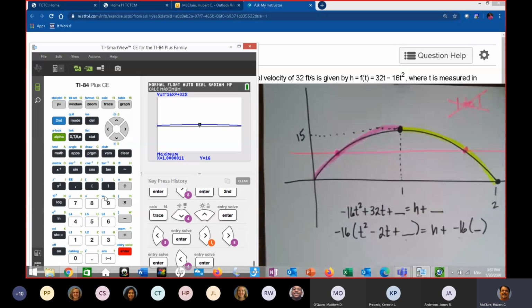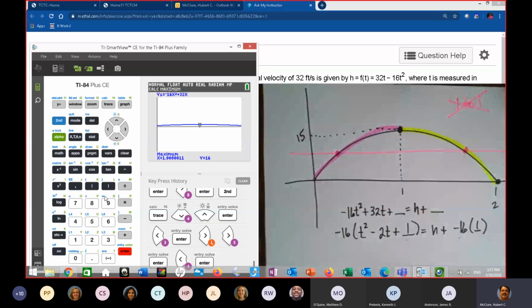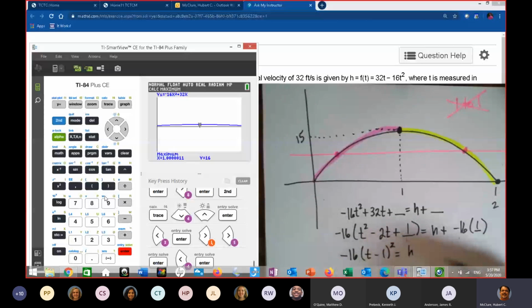What's half of 2? 1. What's 1 squared? The same. So it's negative 16 times t, shortcut number 1 or 2, is equal to h minus what? 16.